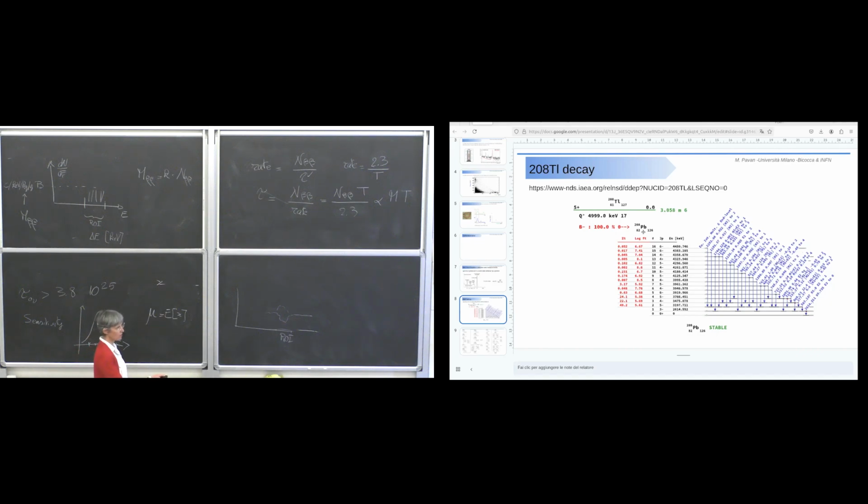So in that case, the minimum energy is one of the two gammas, the maximum energy is the sum of the two gammas, and I can have events in between because one or both of the two can lose some energy outside my detector. Exactly, and in that case the maximum energy is the sum of these two.